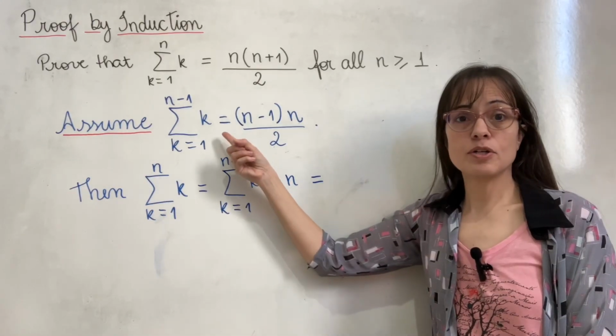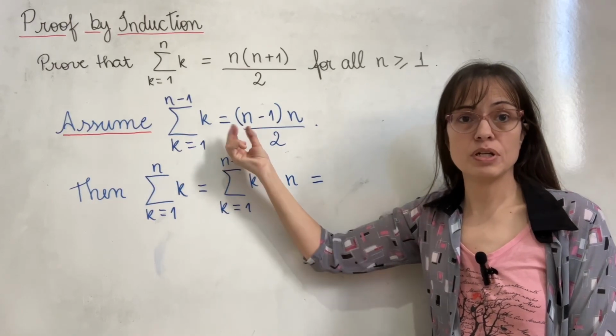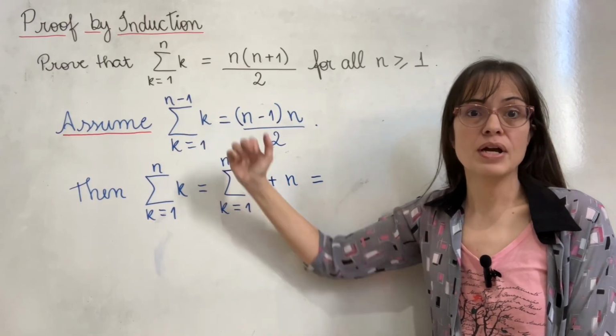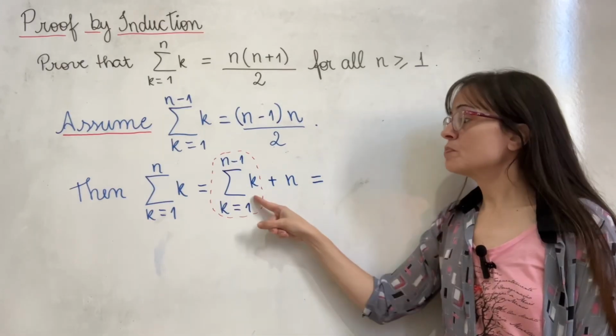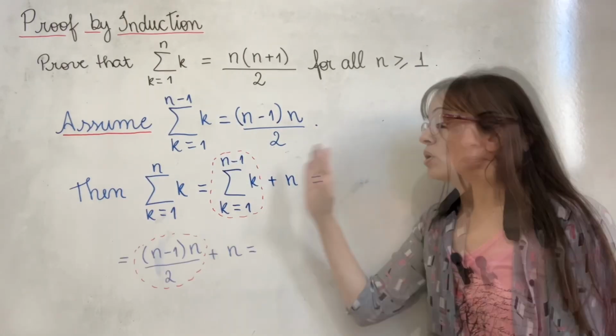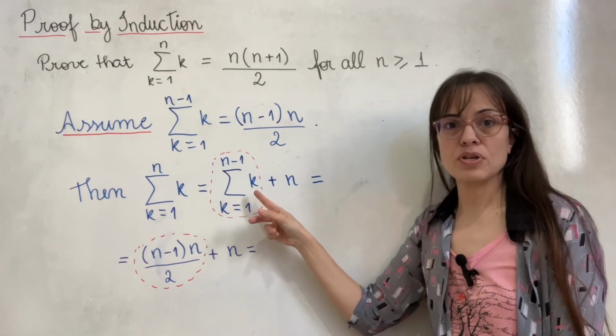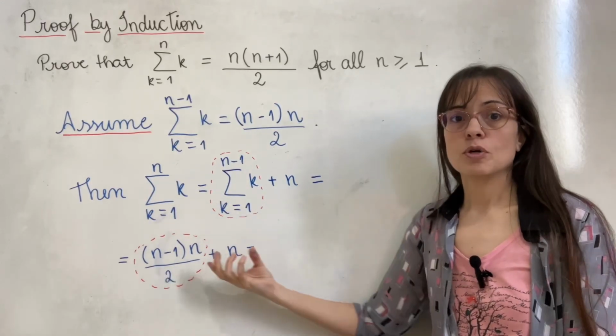And I didn't start by using the assumed statement as an equation in the beginning, but I do have to use it somewhere. And the next step is where I'm going to use it, because this part here is what I'm assuming to be equal to the other side. So I'm substituting one of them for the other in the middle of a left to right proof.